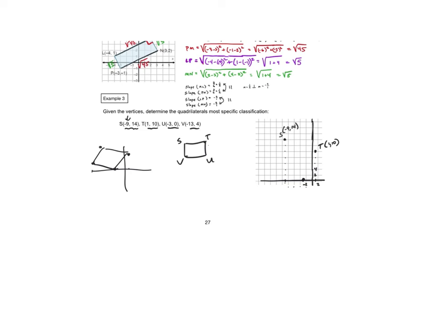And I will say U is -3, 0. And then finally V, which is going to be -13. So this was 9, 10, 12, 13, -13 and 4. So that is V, -13 and 4. And look in here, we have this shape.